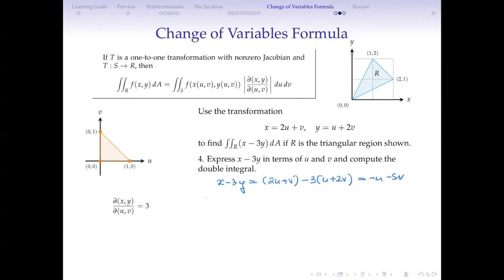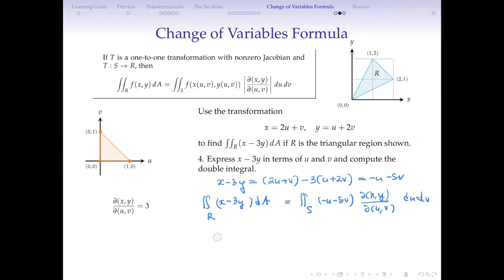So the double integral of the function x minus 3y over the original triangular region R is the same as the double integral over the region S of minus 3u minus 5v, then times the Jacobian of xy with respect to uv, then du dv.